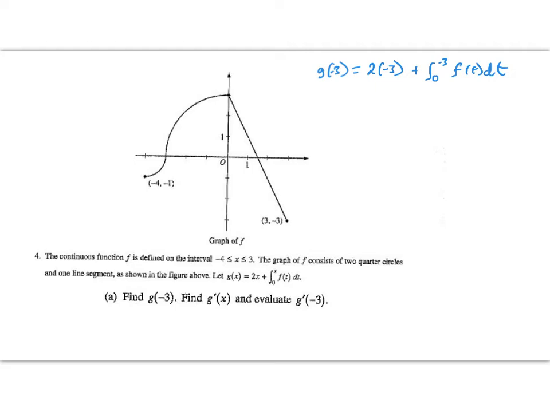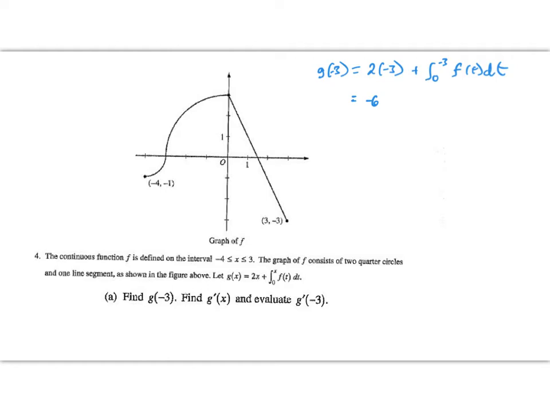And now what I need to do is start evaluating. I get to this part, and that's great, but this other part I start to go, all right, I may have a problem here, because it looks like my upper limit of integration is actually less than my lower one.